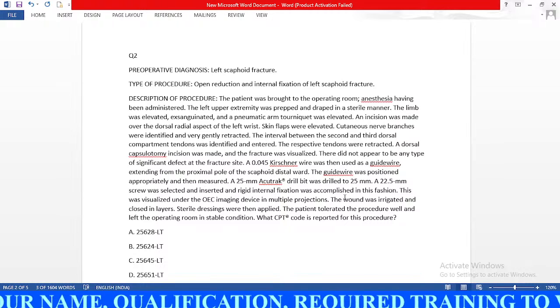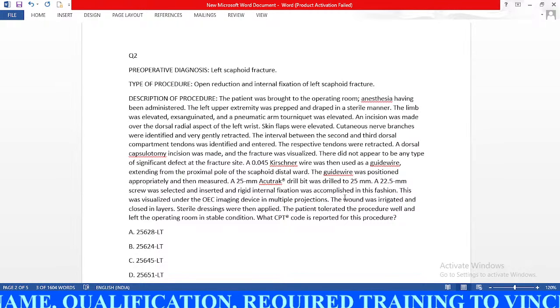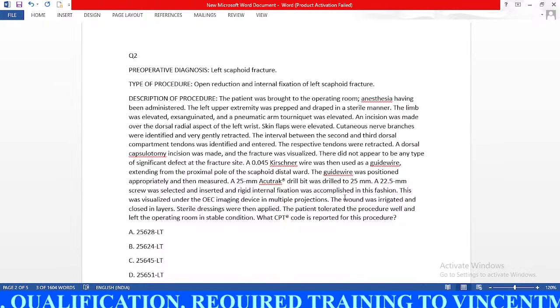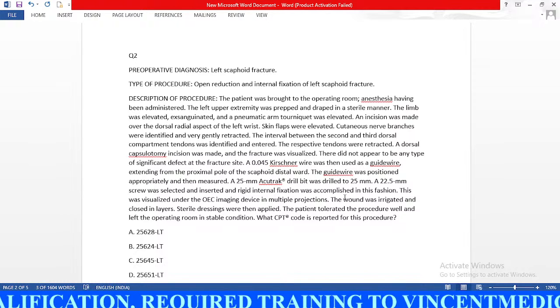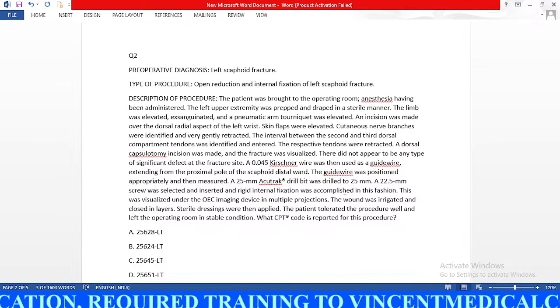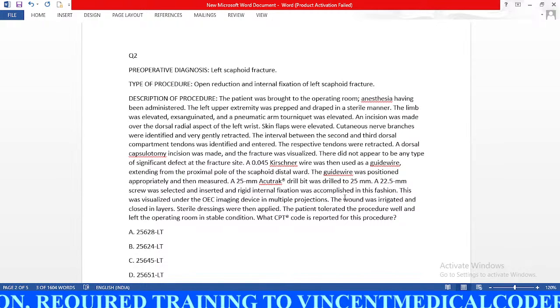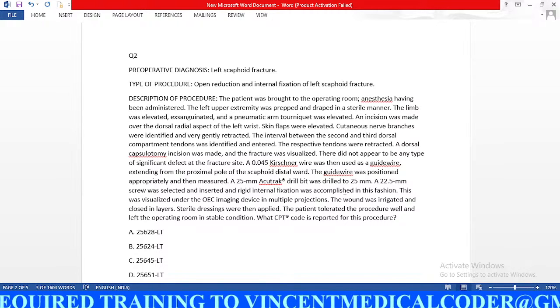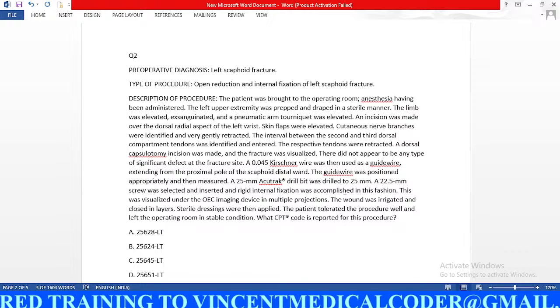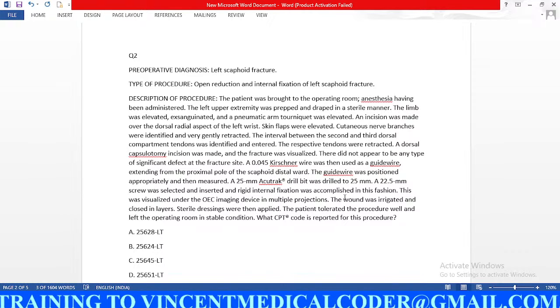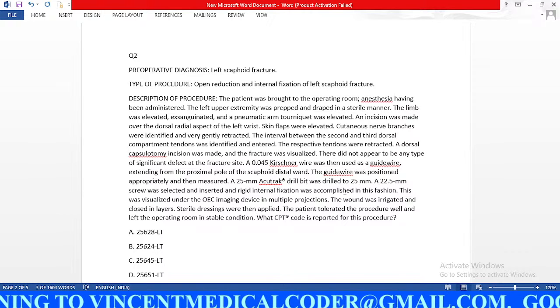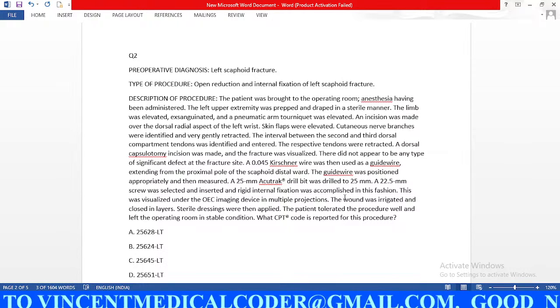Good Parmila, you are doing a good job. No worry, surely you will crack your CPC exam. Just try to compare the question with the description.